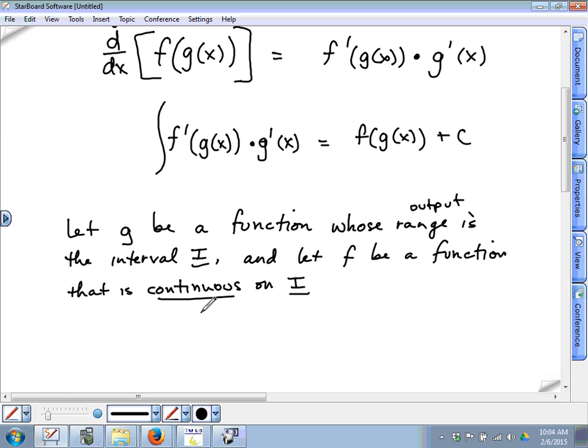Okay, so it's just saying that whatever G of x is, the solution to that, those are your inputs for f. Okay.